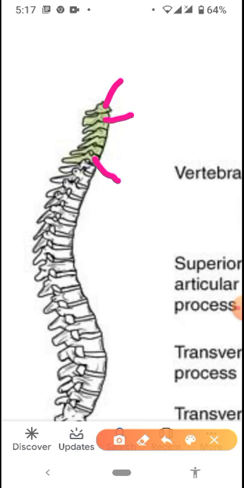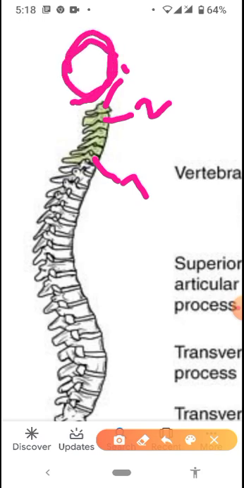Why? Because you know that here is the skull. This one is C1, this is C2 and this one is C7. So here the skull is present. C1 has accommodated itself to communicate with the skull, the occipital bone of the skull.